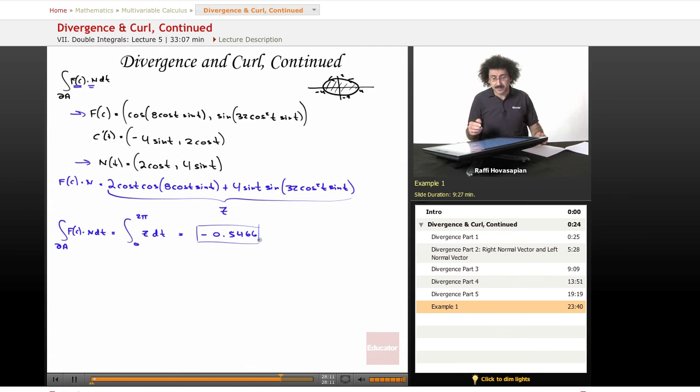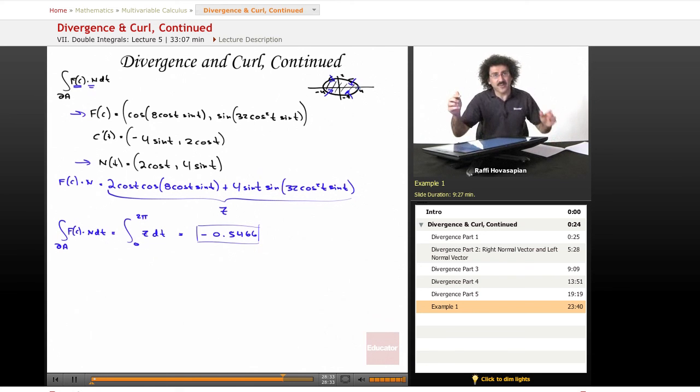It's just a number. It's a negative number. Negative flux means that the vector field is not moving across the curve outward, it's moving inward.